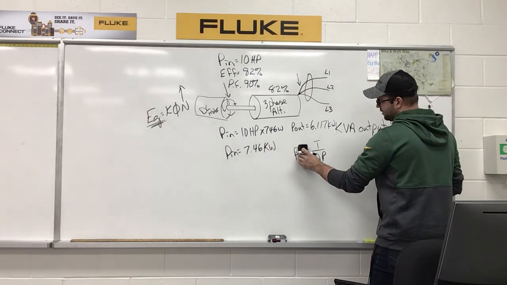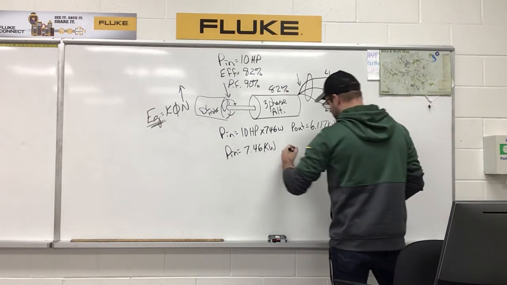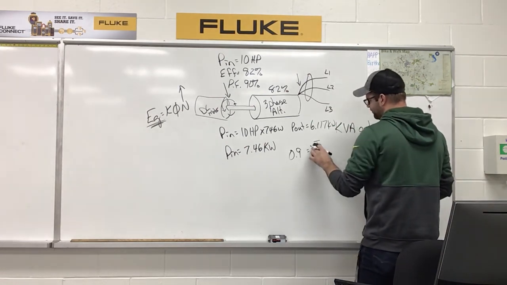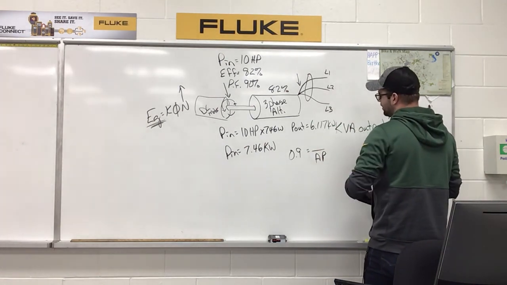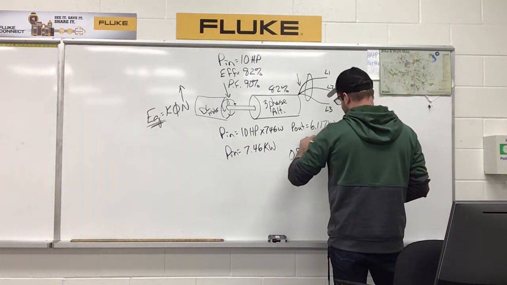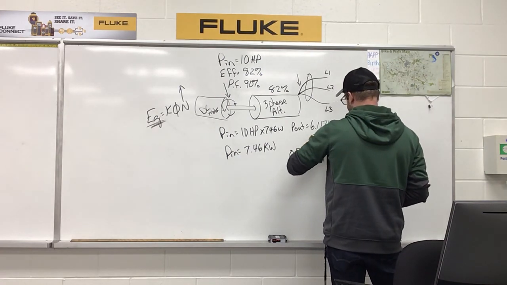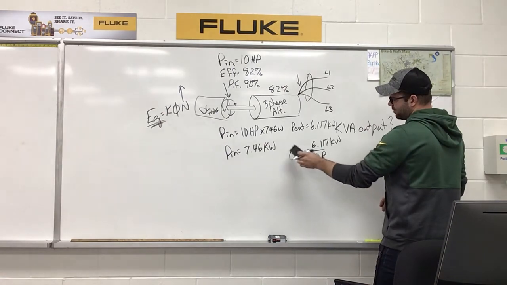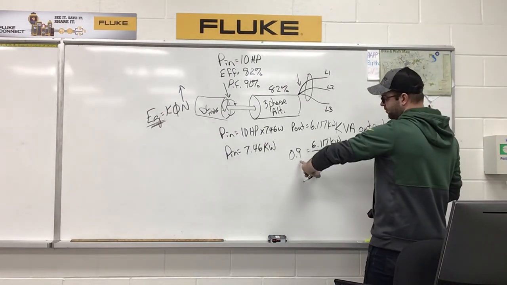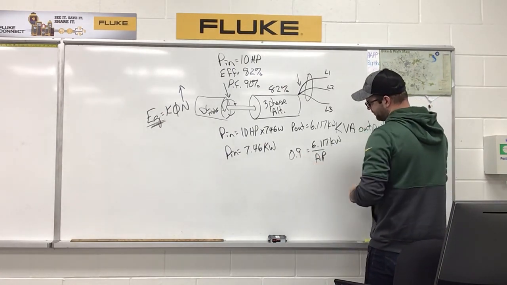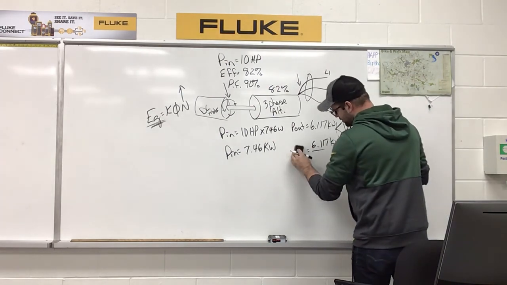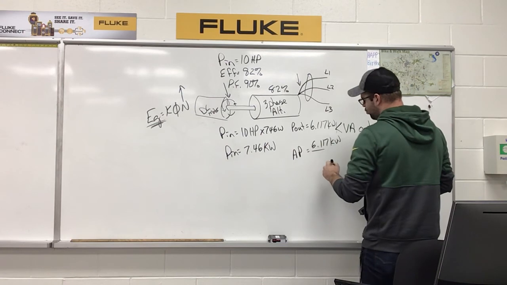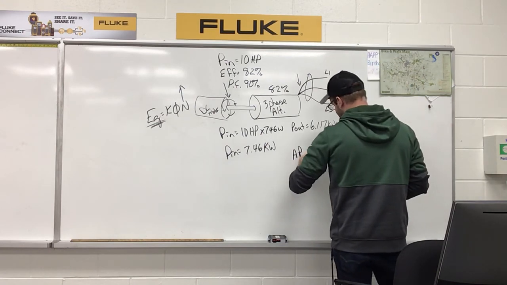So if we do that, we get 0.9 for the power factor. We get our true power value of 6.117 kilowatts, and we want to get apparent power over here. Remember what I said before, if we want to move that, we just flip it. So apparent power is equal to 6.117 kilowatts divided by 0.9.